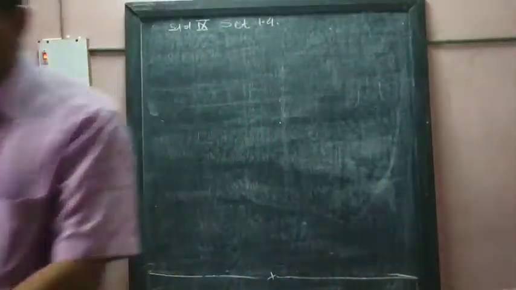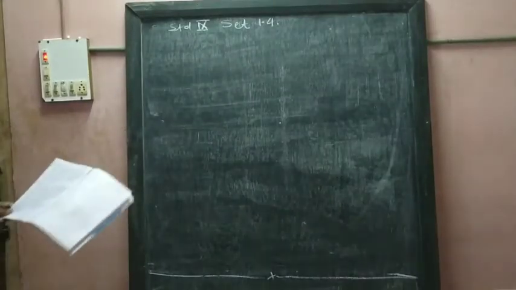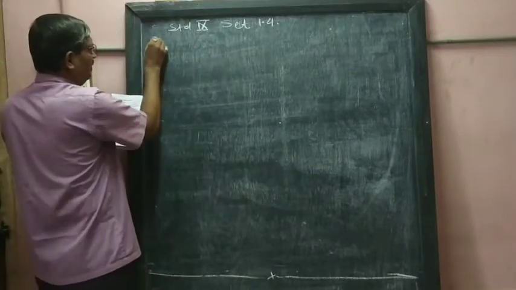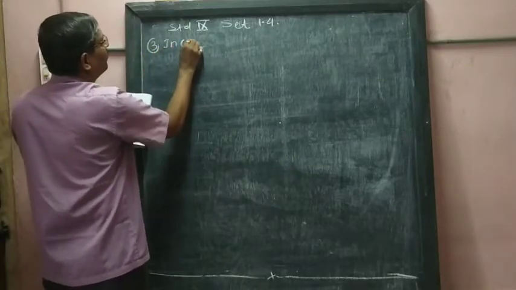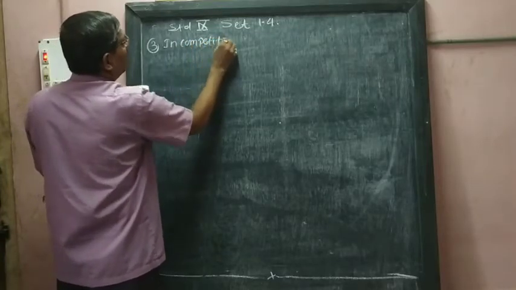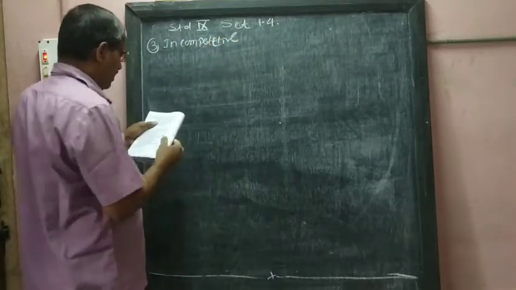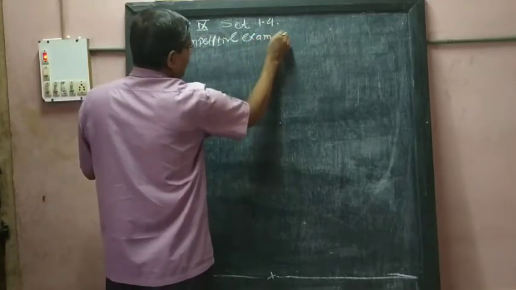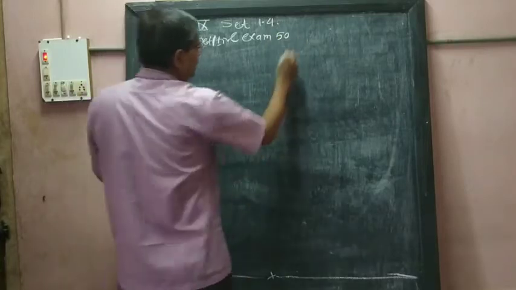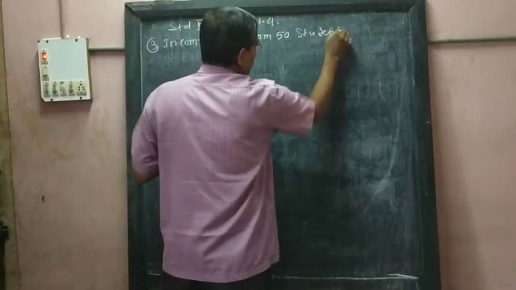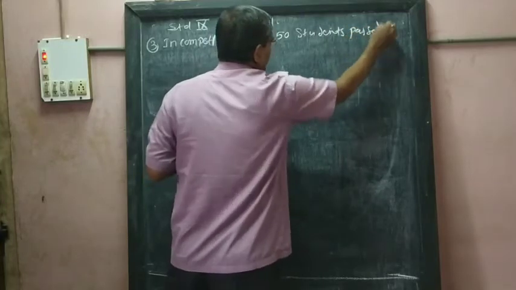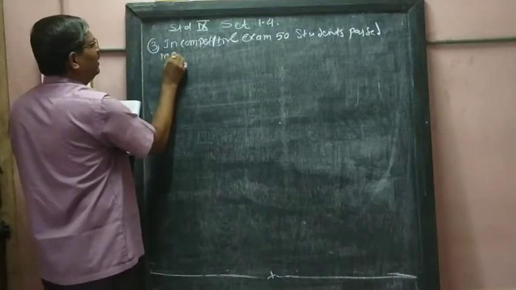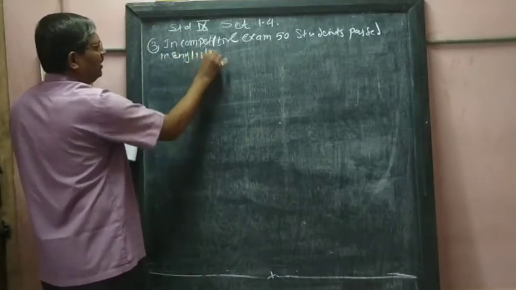Okay, go to question number 3. In question number 3, it is given that in a competitive exam 50 students passed in English.